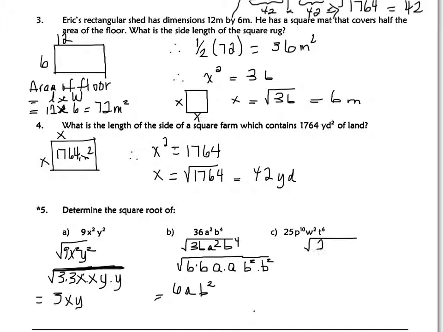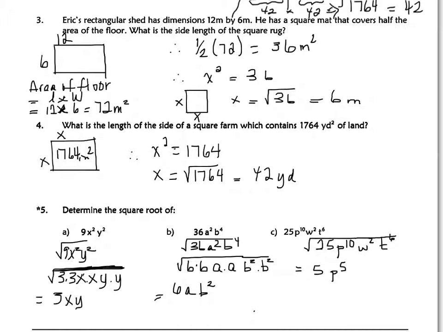And this one here, 25p to the 10 w squared and t to the 6. This one's going to take too long to separate in all its parts, but if we just look at it, we know that the square root of 25 is 5. The square root of p to the 10 would simply be p to the 5.